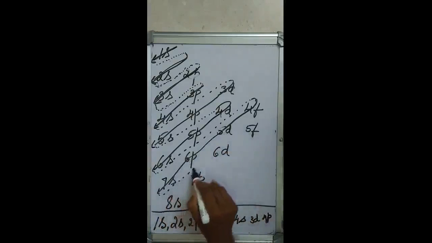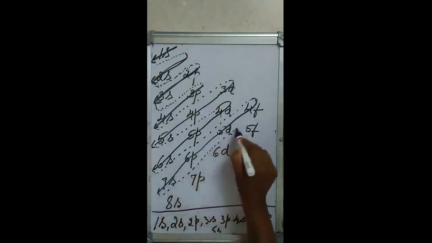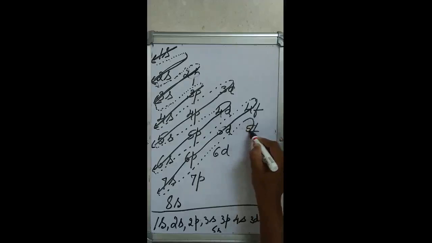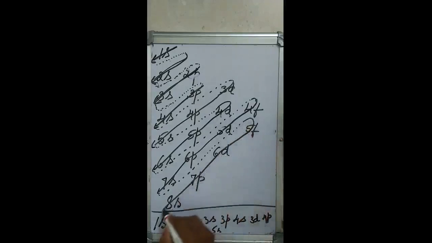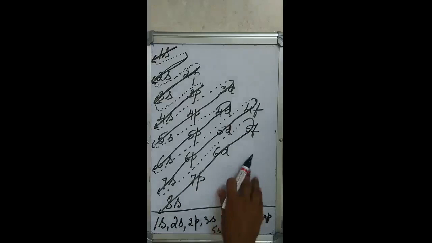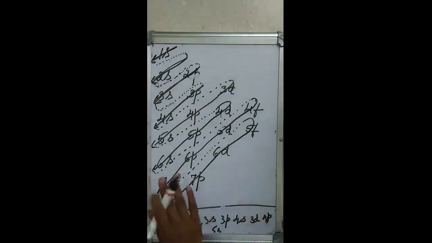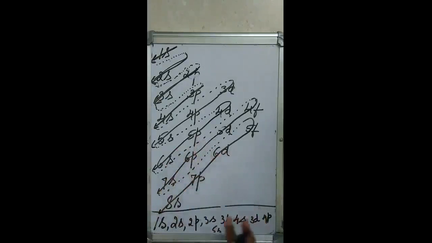Again I have to put dotted line, then 5f, 6d, 7p, then 8s. So like that it will come. This is nothing but the Aufbau principle. It is a construction, or a building up of the energy level of the atomic orbital. So this part you have to recall.